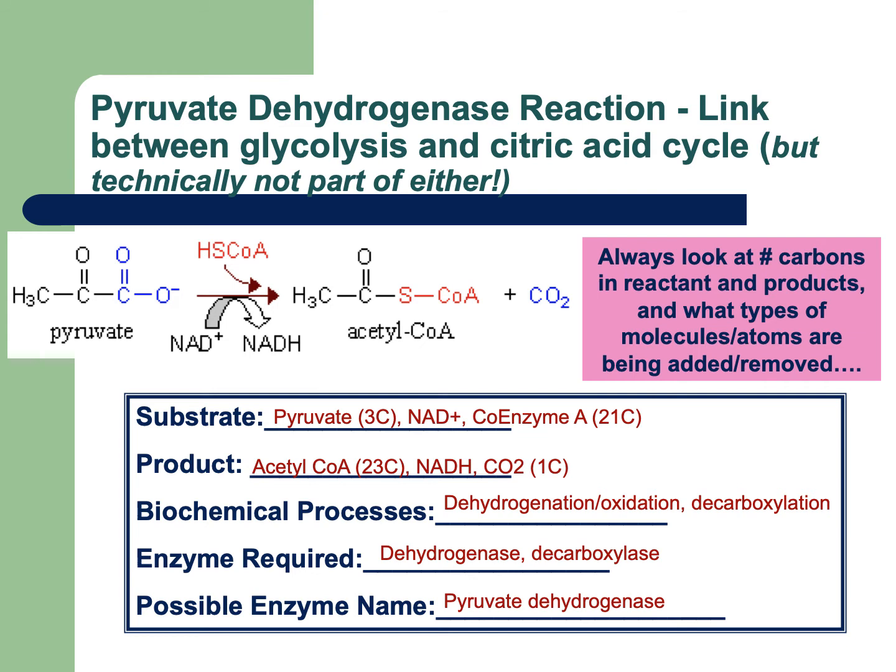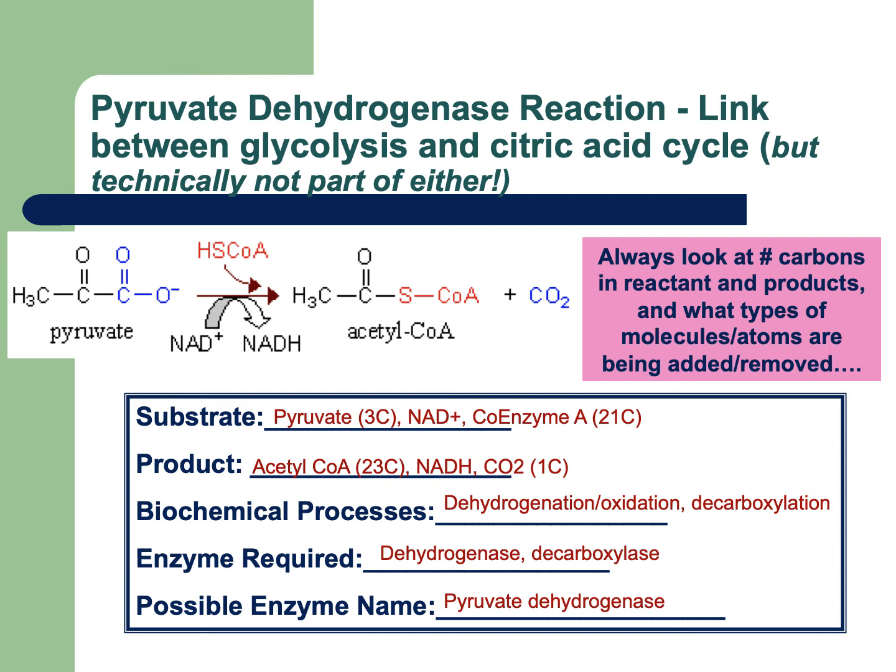The product is acetyl-CoA, which is a 23-carbon molecule because we're combining the 3 carbons of pyruvate with the coenzyme, which is 21 carbons, and releasing a CO2 molecule, which is 1 carbon. We also have the products NADH and CO2, carbon dioxide.